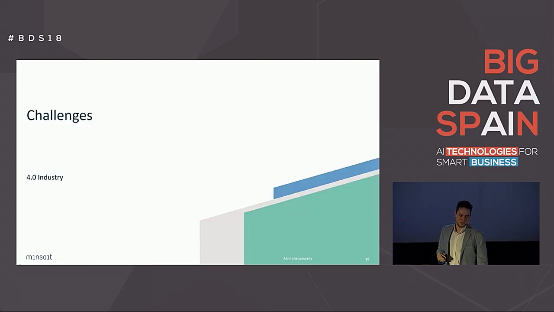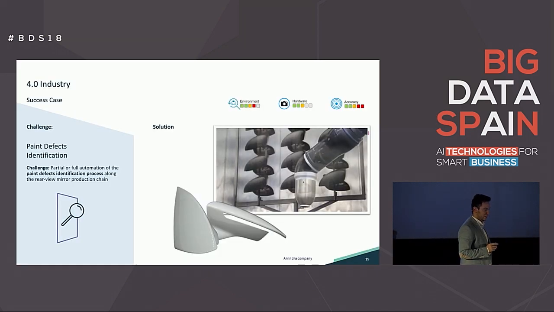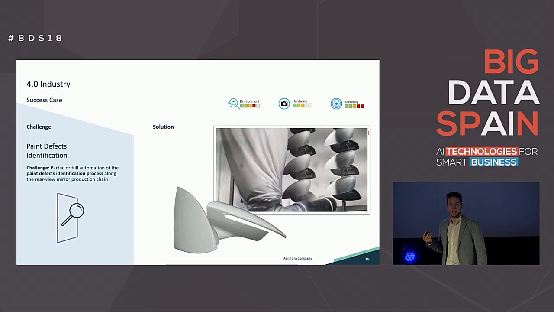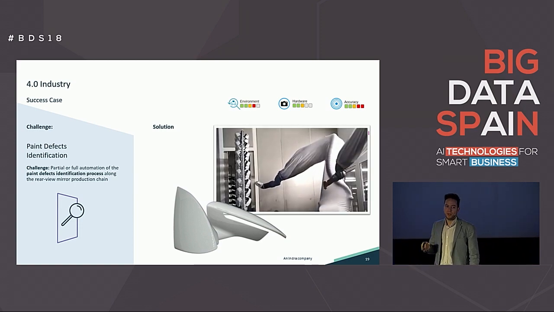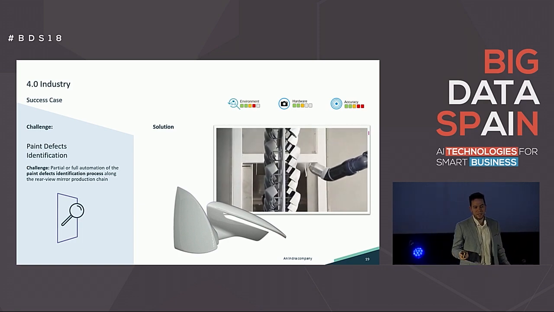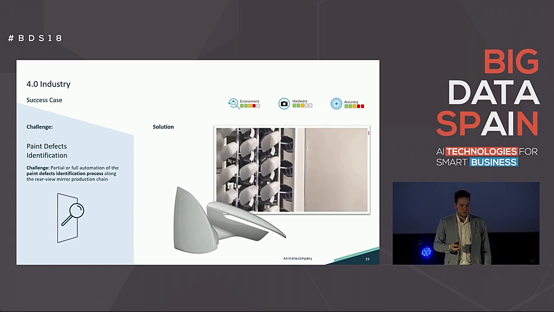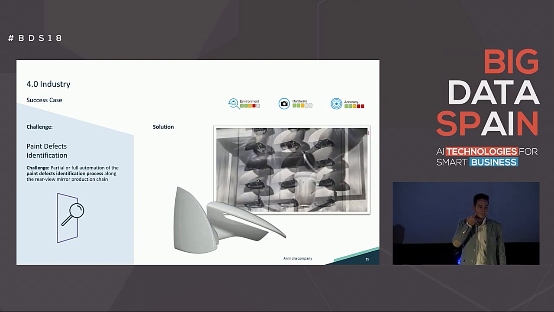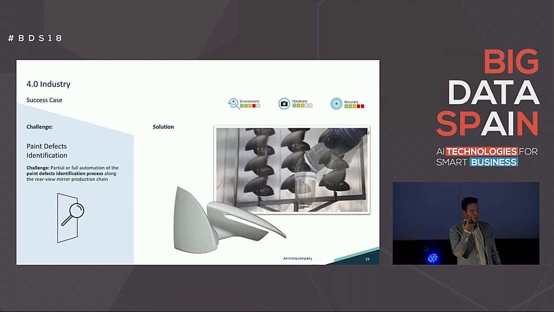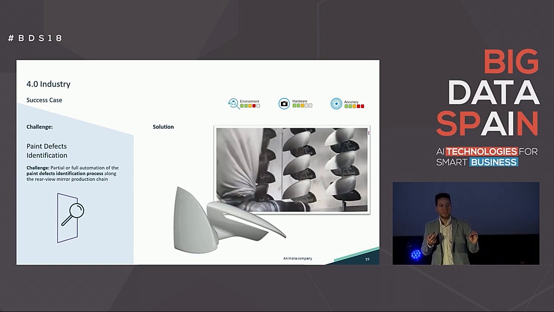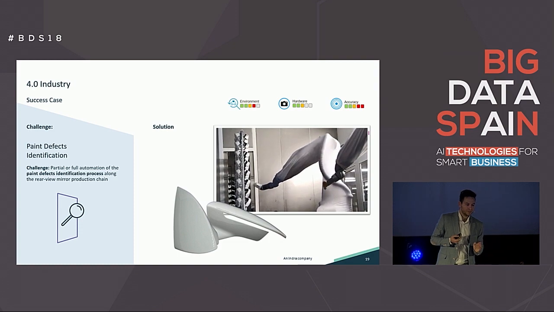Okay, let's go for another project. Industry. What we have to do here is take a decision in real life, in real time. And we need to be accurate, because if we dismiss a piece, it might be problematic for the company. In this project we were in charge of reviewing the production of rear view mirrors, concretely the paint used on the mirrors.